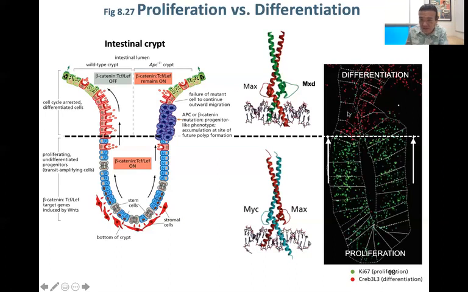So just in case you have trouble telling what this is, the dotted lines represent different parts of the crypt as you come down to the bottom, different sections. And so these cells towards the bottom are more concerned with proliferating, but once they get far enough away from the Wnt beta-catenin signaling, and once MYC starts being expressed less and less in them, then they shift over to differentiation. So this red stain is this Krebs protein that's a marker for differentiation.